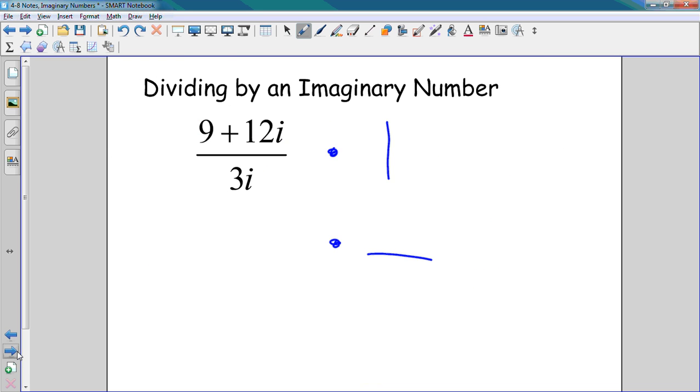So if I go back to this and I multiply it by 1, I want to multiply by the conjugate, or when the imaginary number changes the sign. Well, what's the opposite of 3i? In order to make this 1, I have to multiply the top and the bottom by negative 3i, or the conjugate.